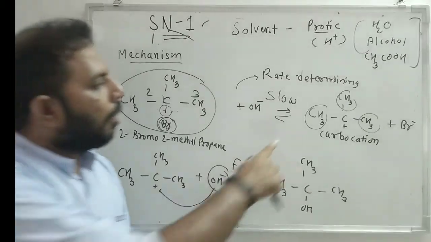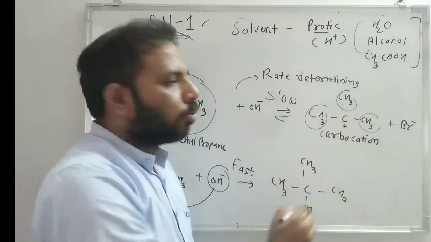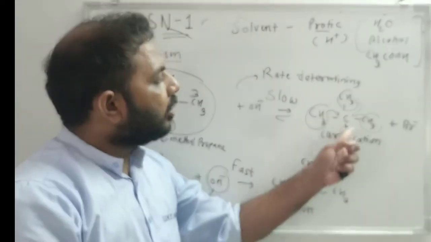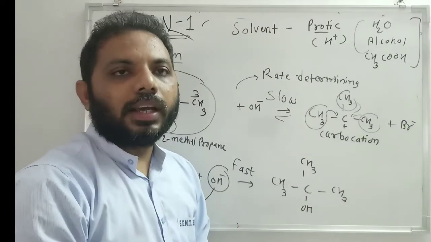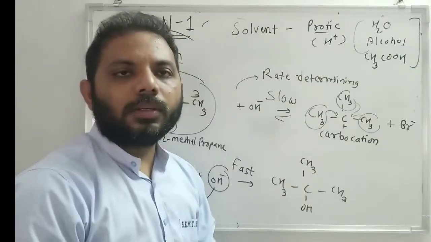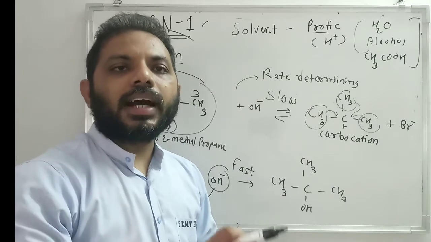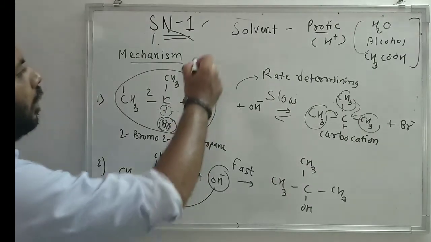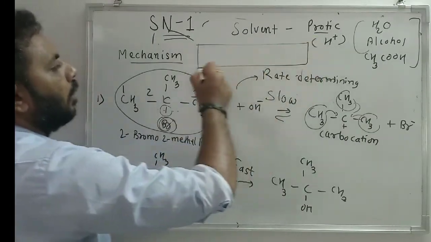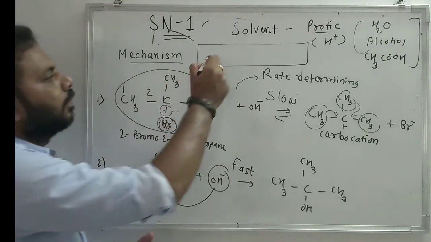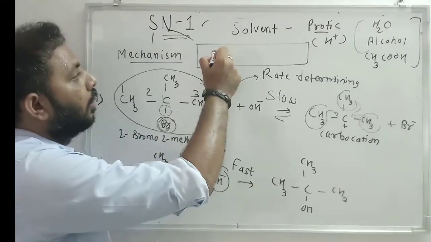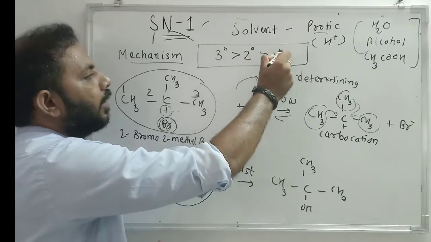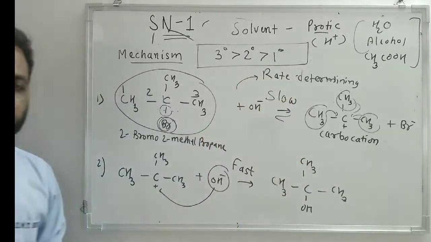The reason is methyl groups are electron donating, so they will donate electrons, and because of this the positive charge of carbon will be decreased, and because of that it will be more stable. Which means tertiary carbocation is more stable compared to secondary and primary, and that is why the reactivity order of this reaction is tertiary is more reactive than secondary, secondary is more reactive than primary. So remember this order.